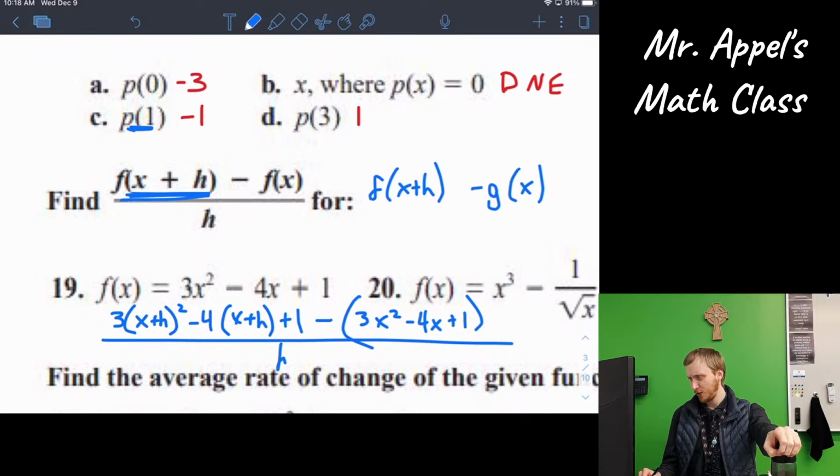When they say x plus h and there's another term x, you had x plus h, in this case.